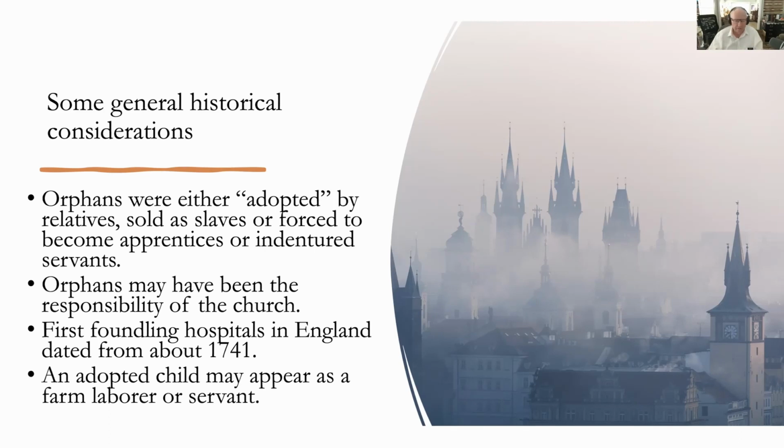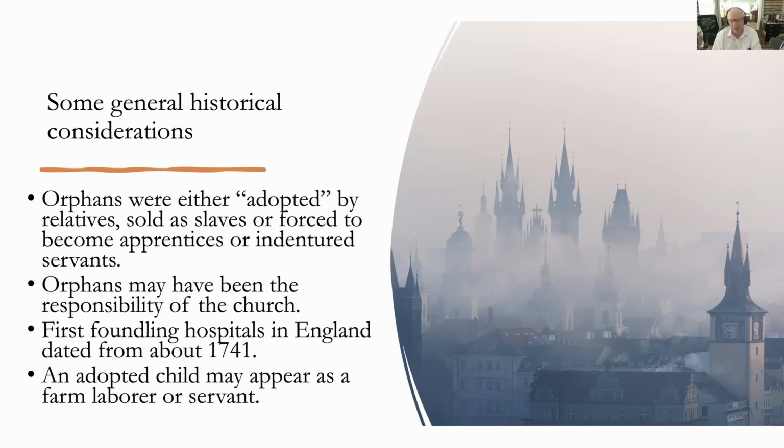There was a question before we got started about adopted children appearing as farm labor. Absolutely. I have run across this many, many times. In one case, someone added a child to one of my great-grandparents, and there was a discussion that ensued because the child was added.